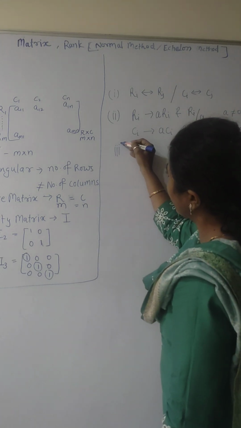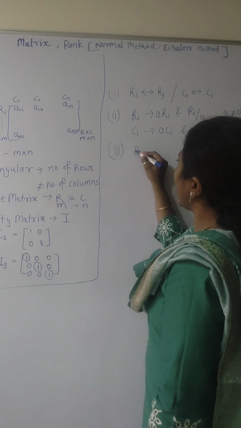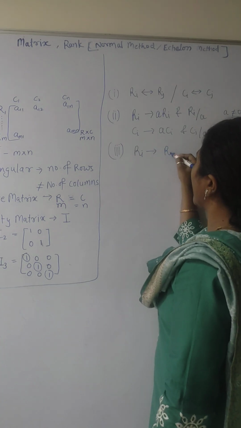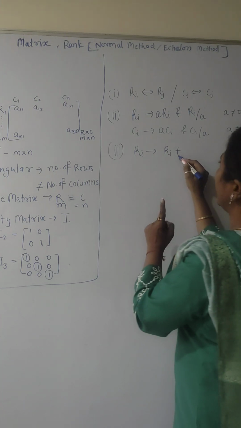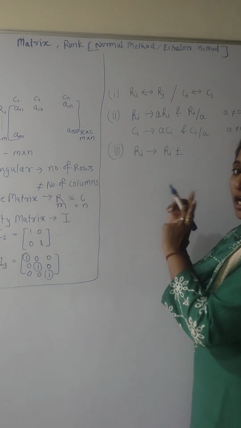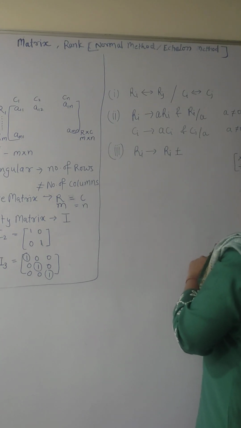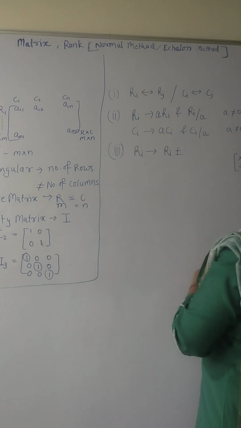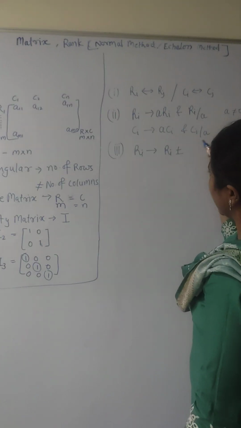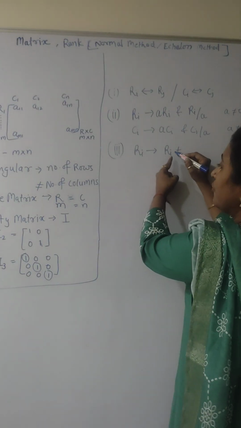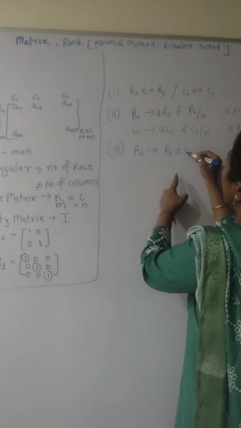The third rule: any row can be obtained by adding or subtracting rows. Here you cannot multiply or divide, only the two operations, plus or minus, with rows on rows and columns on columns. Rows can be added to or subtracted from other rows after multiplying by any number.